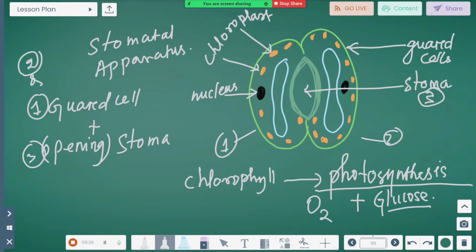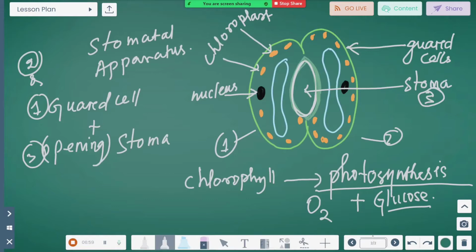Now, what is the stoma associated with? Stoma is an opening. The basic nature of the guard cell is clear: it contains chloroplast, so it is likely to perform photosynthesis and produce glucose, temporarily stored as starch, and it tends to be in a very turgid state.